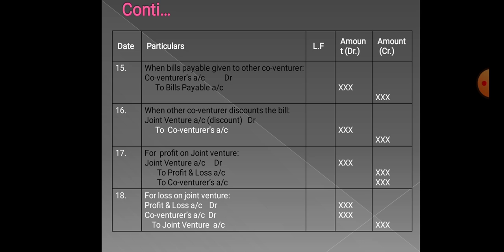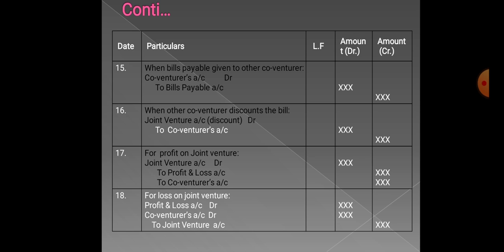co-venturer's account. For profit on joint venture, the entry would be joint venture account debtor, and the personal profit will be transferred. If these transactions are in the books of A, then in the books of A you will transfer his share to P&L account, and the other person B's amount of profit will be transferred to his account, that is, joint venture account debtor to P&L account and to B's account.